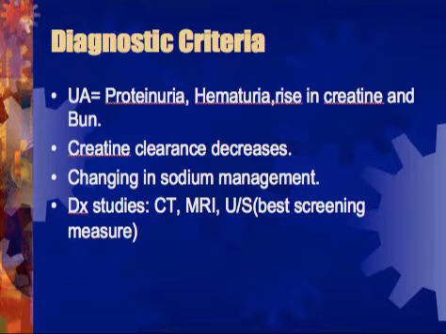Diagnostic criteria. Their UA generally shows proteinuria, hematuria, rise in creatinine and BUN. The creatinine clearance decreases. It was mentioned earlier by a student or two, the most effective test I have mentioned in one or two of this video series is creatinine, but the most correct thought process related to what is the best test for kidney functioning is creatinine clearance.